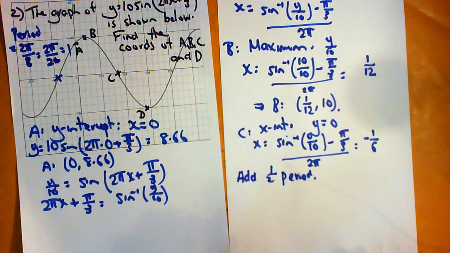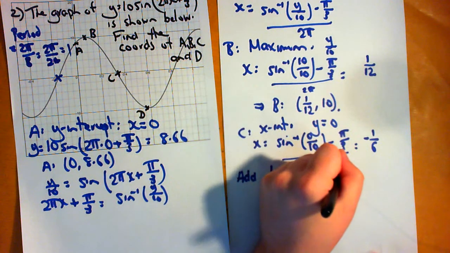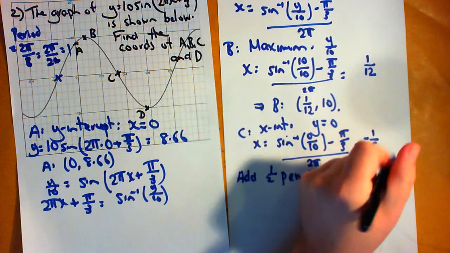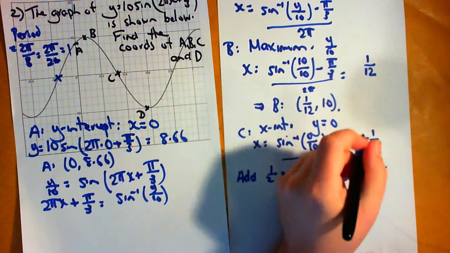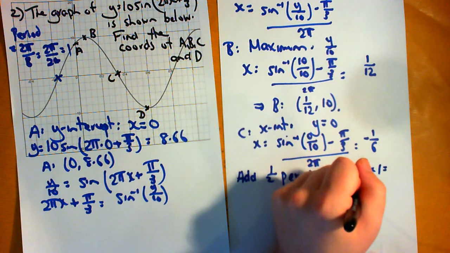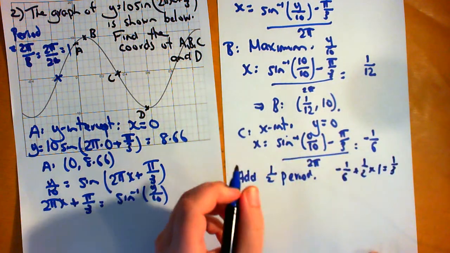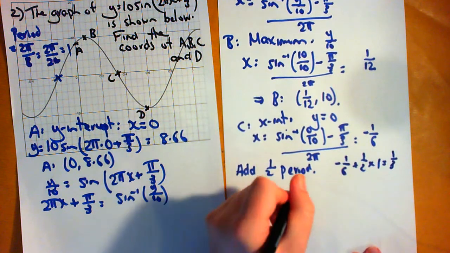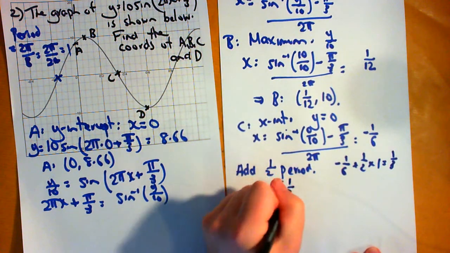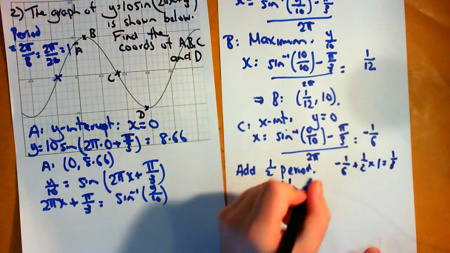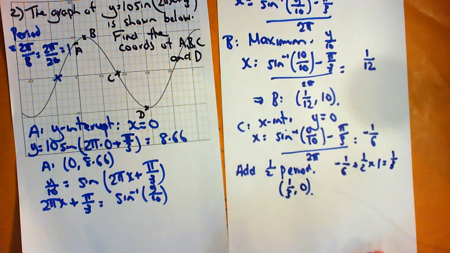So our actual C coordinate is going to be minus 1 over 6 plus half of 1, which gives us 1 over 3. So C has the coordinates of 1 over 3 as your x coordinate and y is 0. Okay, so C is 1 over 3 and 0.